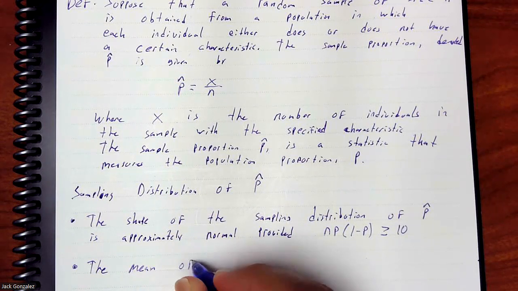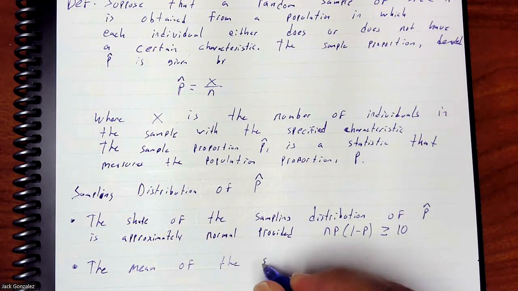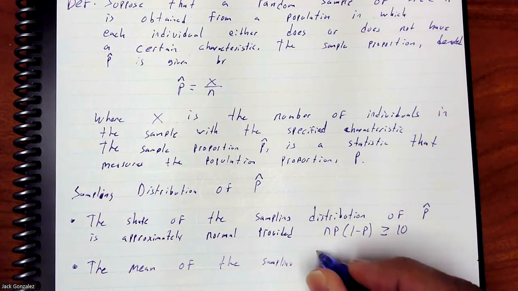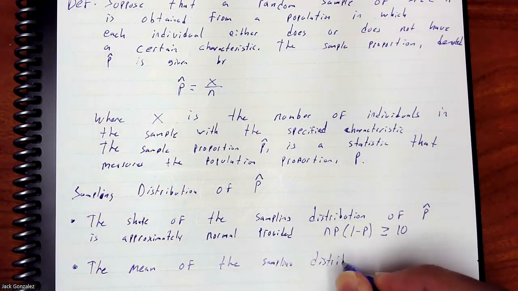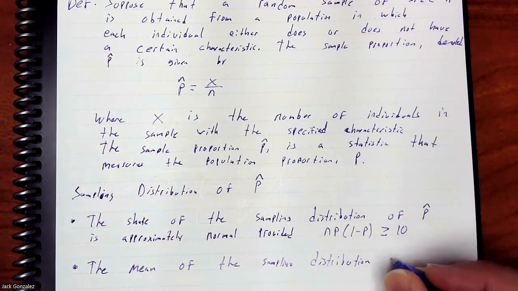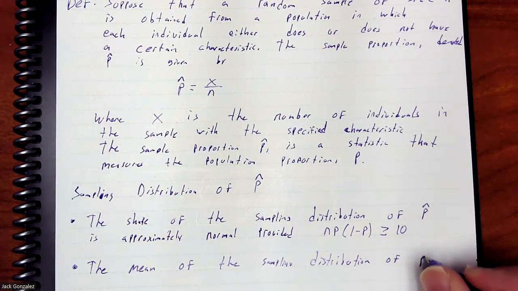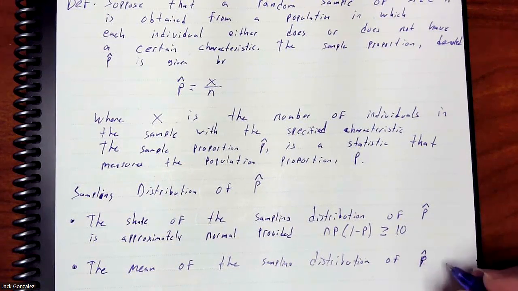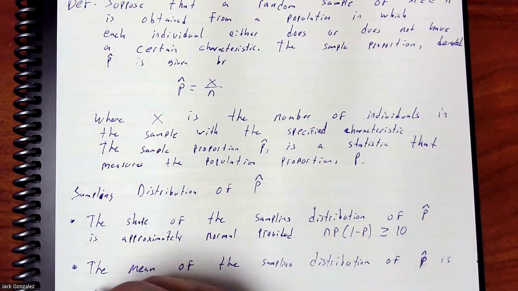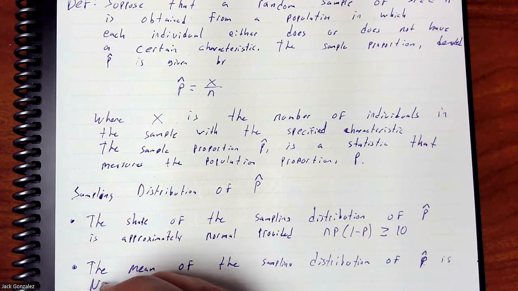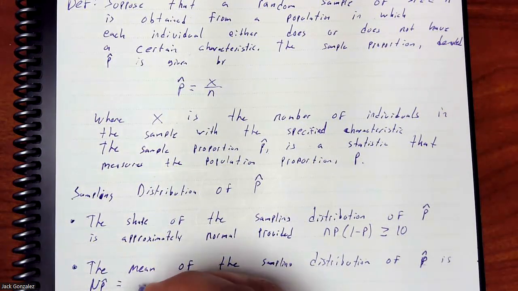The mean of the sampling distribution of P hat is denoted as mu sub P hat, which is equal to p.